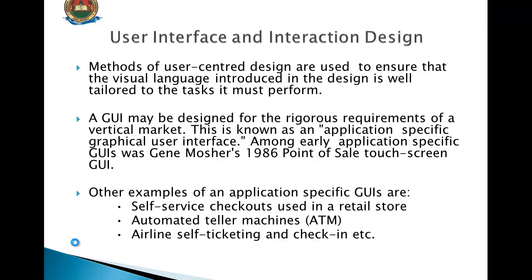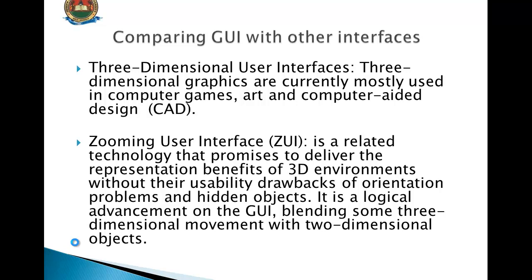That's an example of an application-specific GUI. The same applies to airline ticketing and check-in, and to self-service checkout. All these are built to fulfill a specific task that they are expected to perform.